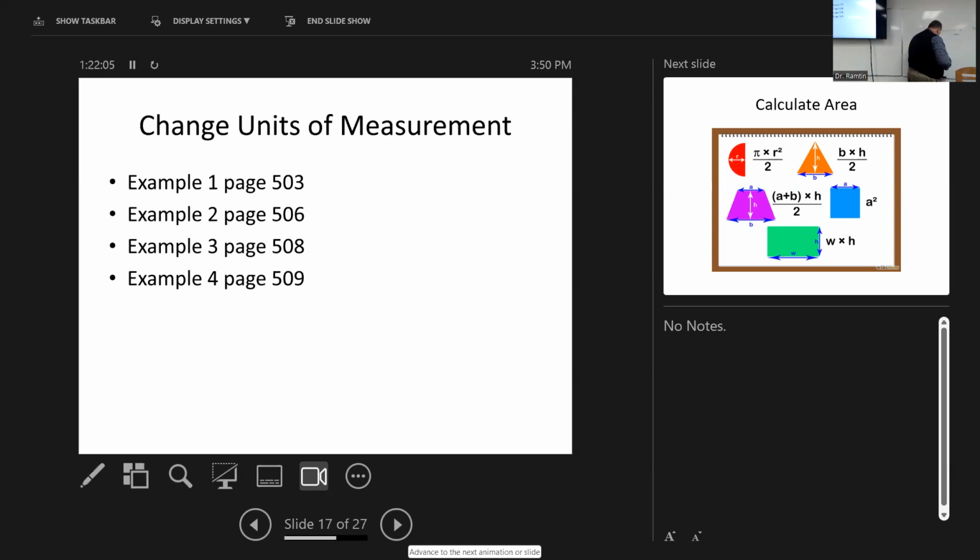But that's kind of tricky, because again, remember that sentence, King Henry died drinking chocolate milk. If you look at page 506, the answer to example 2, part C, you see you're moving from millimeter to hectometer. So millimeter to centimeter, then decimeter, meter, decameter, and hectometer. So you are moving 5 places.